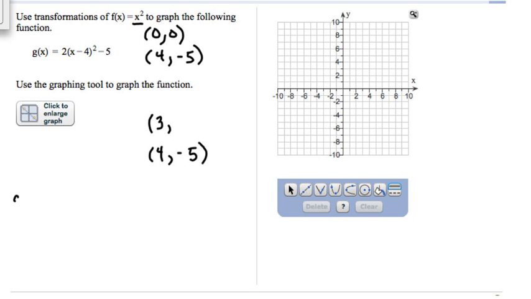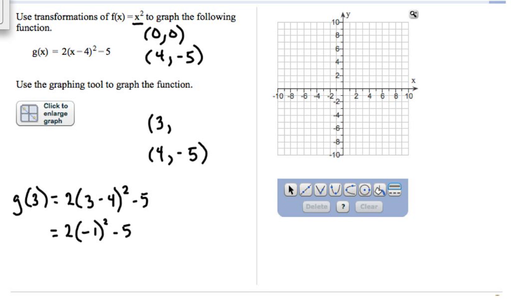So what I'm going to do is g of 3 equals 2 times (3, because I'm plugging the 3 in for x, minus 4) squared minus 5. So let's do 2 times (3 minus 4, which is negative 1) squared minus 5. Now, if you square a negative number, it becomes positive.